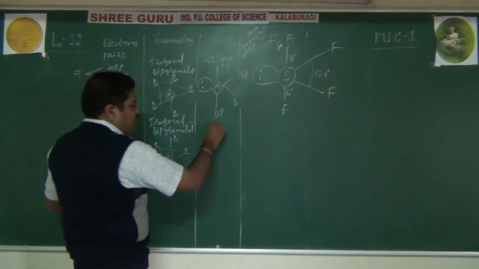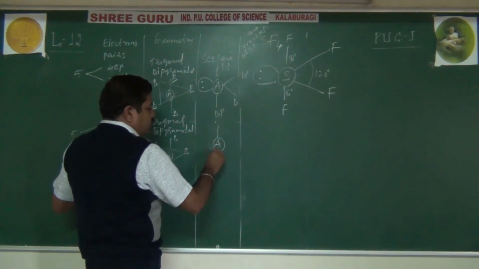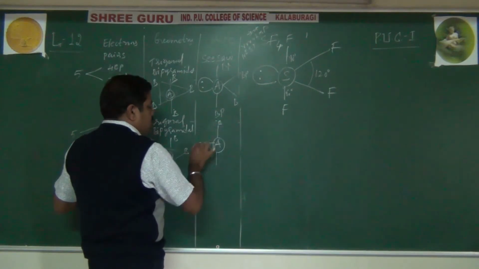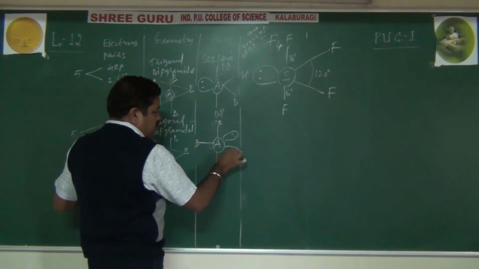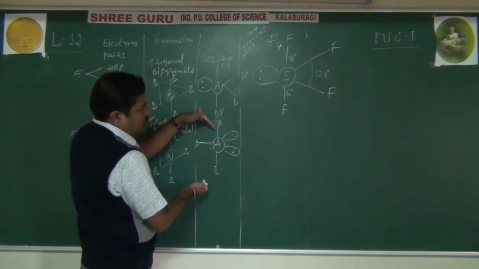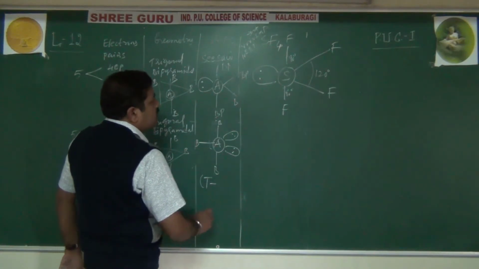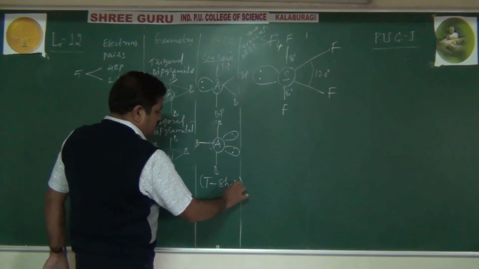Here, see. 1, 2, 3 bonding pairs, and 2 lone pairs like this. Or else 2 lone pairs on this side and bonding pairs on this side. This is what we call T shape.